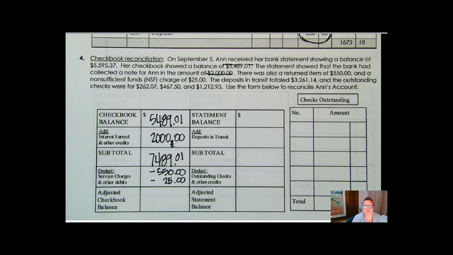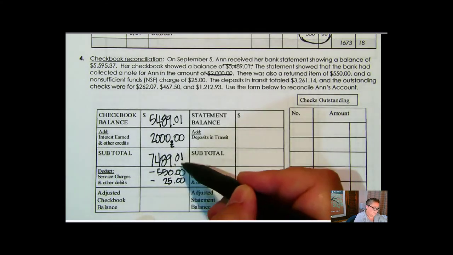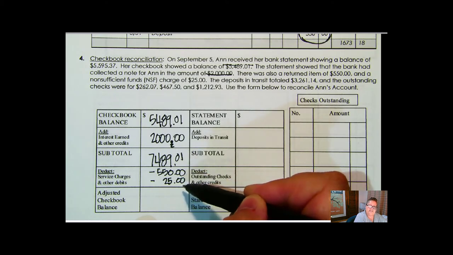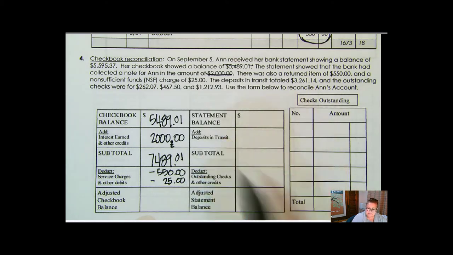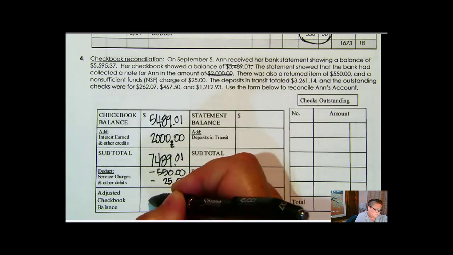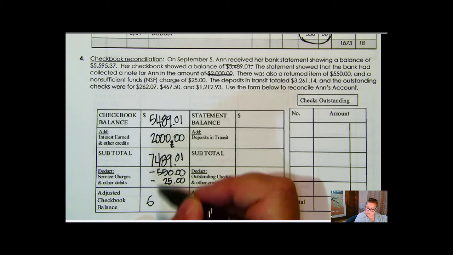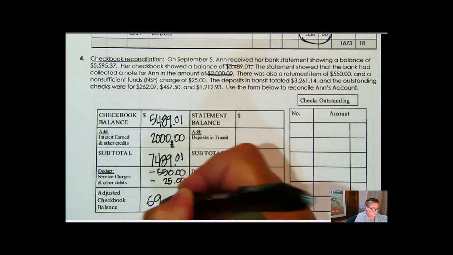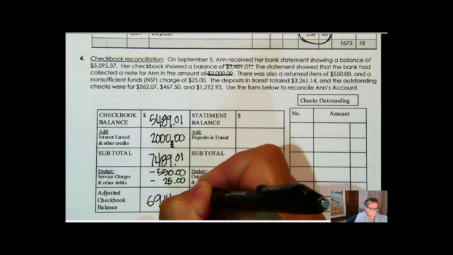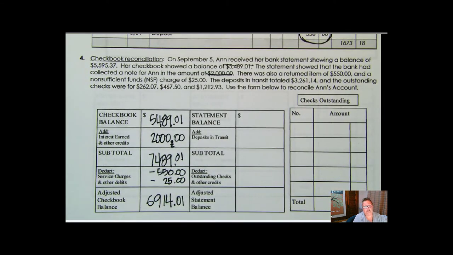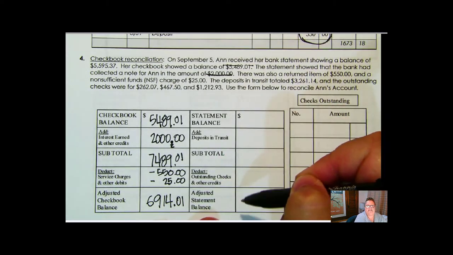Just to be clear, in most cases, we would just write the $575 there. After we deduct the $550 and the $25, this would give us an adjusted checkbook balance of $6,914.01. Now we're going to go to the second part of this.